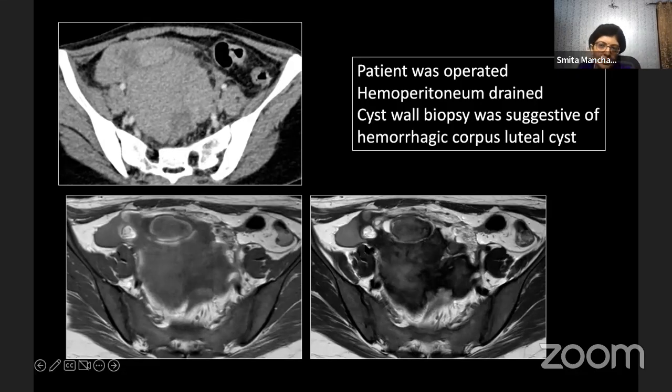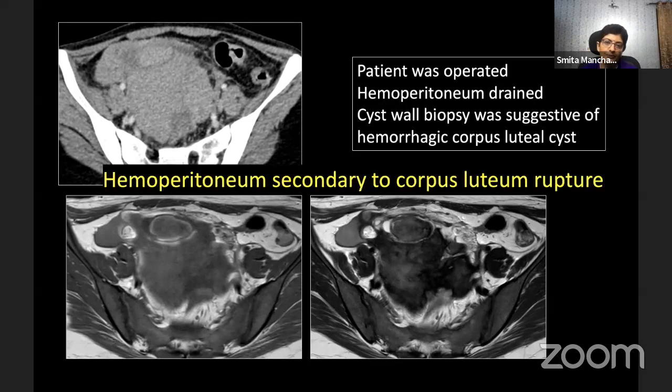So this patient was operated, the hemoperitoneum was drained and the cyst wall biopsy was suggestive of a hemorrhagic corpus luteal cyst. So this entity also all of you should be really aware of, because this is also a common acute presentation. Hemoperitoneum secondary to a corpus luteum rupture, biggest mimic ectopic pregnancy. So the UPT is very essential.